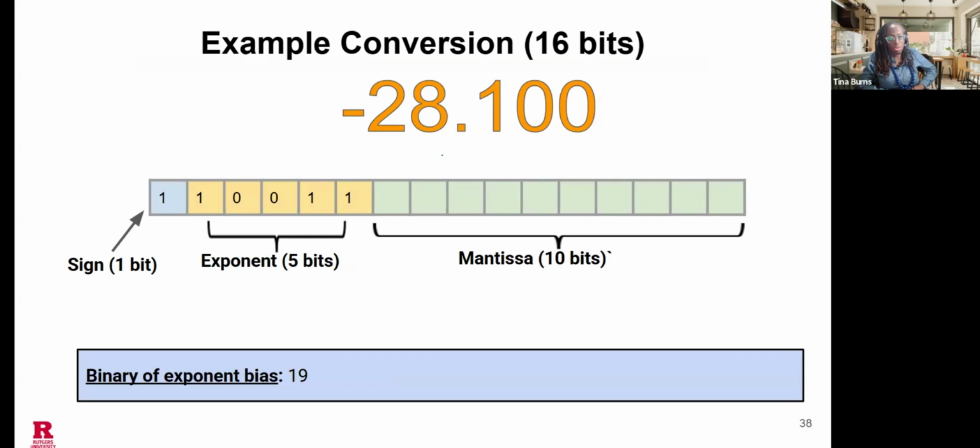Our sign bit we already know is 1 because the number is negative. The mantissa is what we had in our previous example, which ends up being 110000110. That is our mantissa, and that is the 16-bit representation of our number.